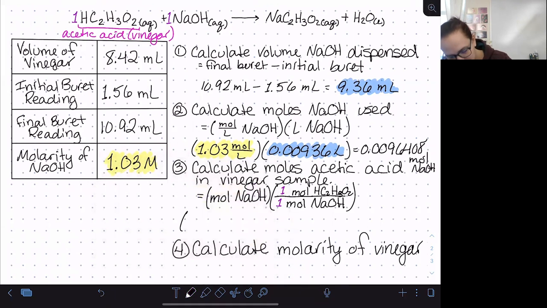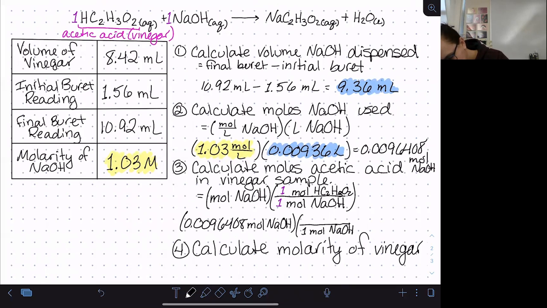So if we take our moles of NaOH that we just calculated, it is 1-to-1 stoichiometry. So we get the same value for moles of the acid.